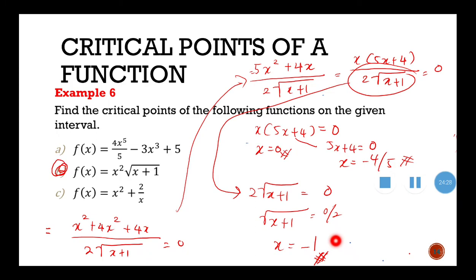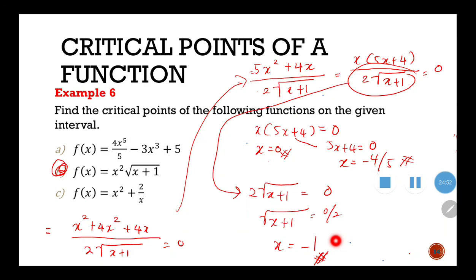Okay. So for example 6b, what I did just now is I set the upper part and the lower part equal to 0. For the upper part we have x equal to 0 and x equal to minus 4/5.